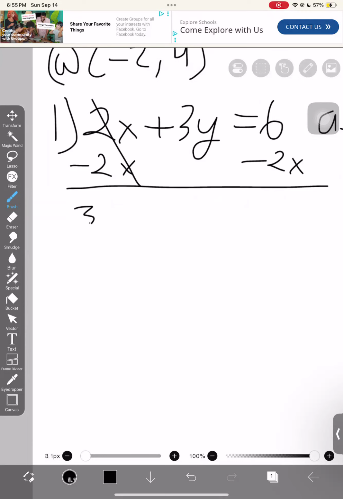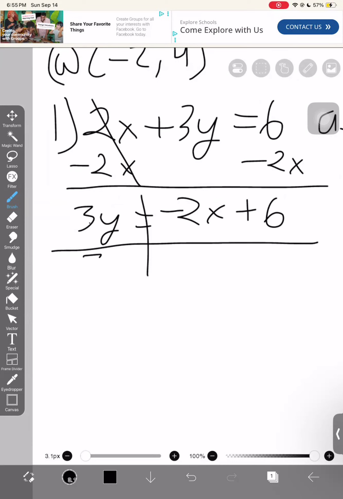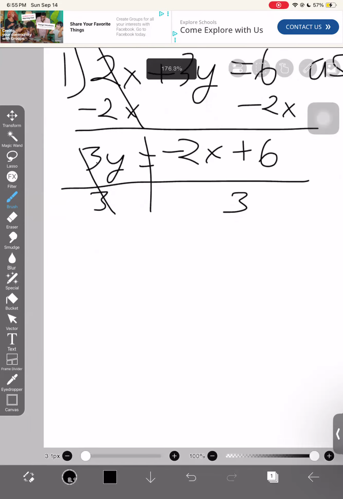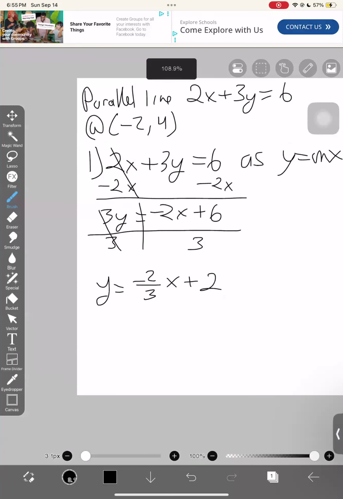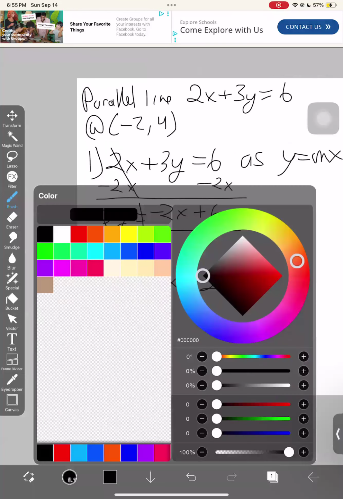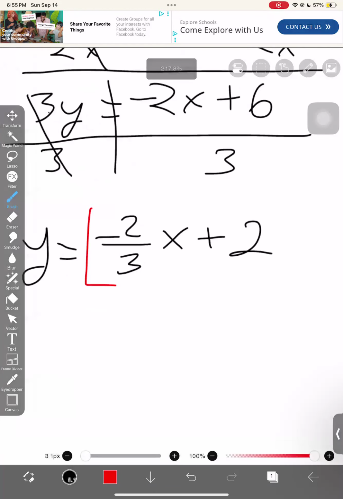And we get divided by 3. And we get y is equal to -2 over 3x plus 2. Now, the only thing we care about for parallel lines is that they have to be the same slope. So all we really care about is the slope.